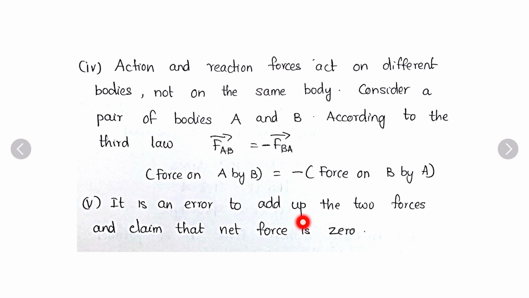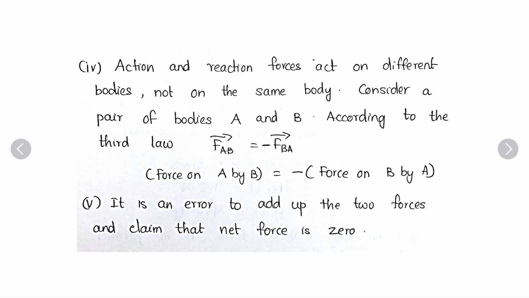It is an error to add up the two forces and claim that the net force is 0. We should not add the two forces and say their net force is 0, because they are working on different bodies. Note that point. You can add up the forces working on the same body. Just now we have seen a book on the table.